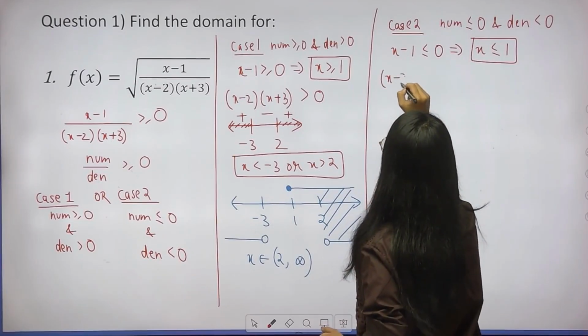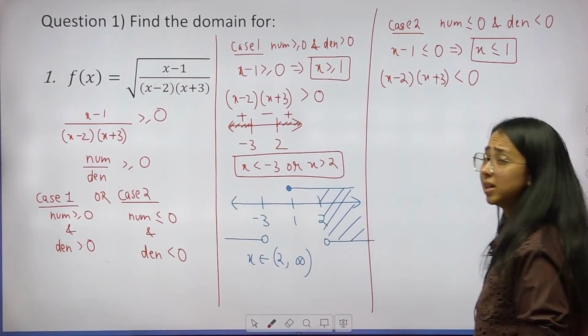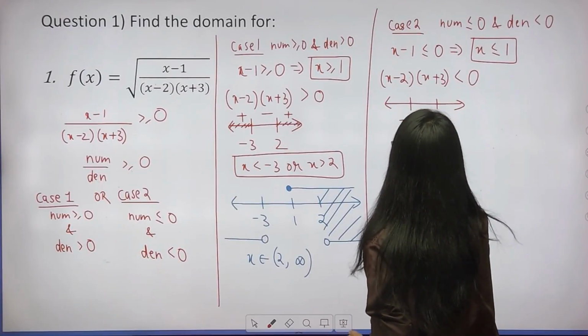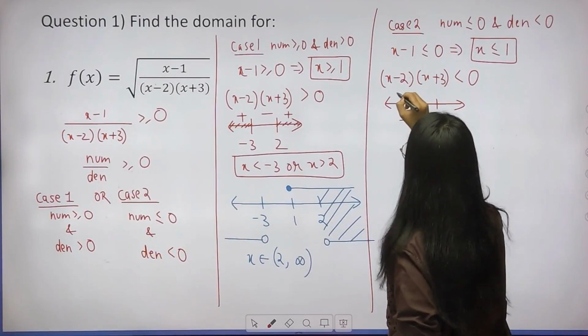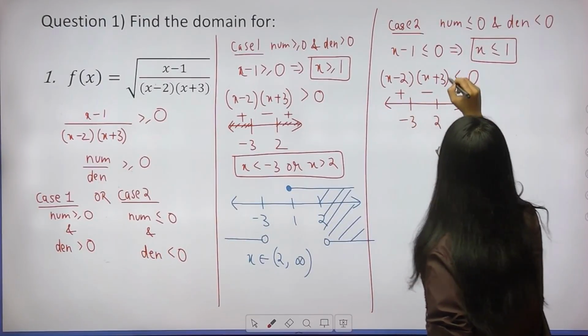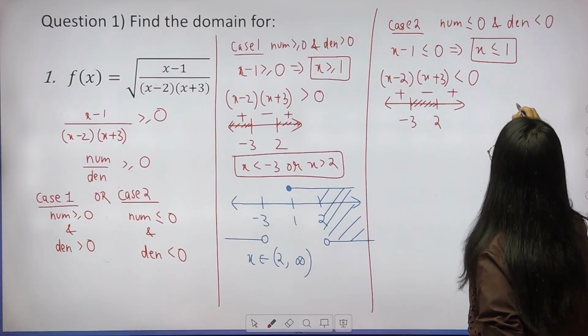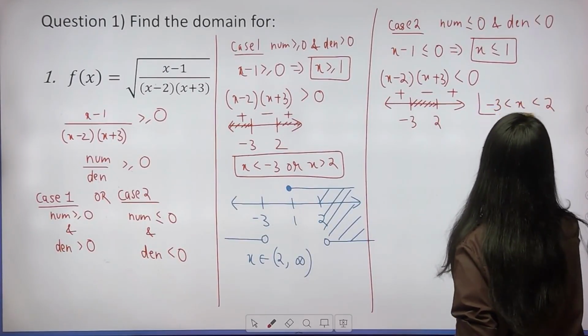Next, (x minus 2) into (x plus 3) is less than 0. Okay, which says that we have two critical points again, minus 3 and 2, which means again positive, negative, positive, but now we need the negative portion only, which means that x lies between minus 3 to 2.